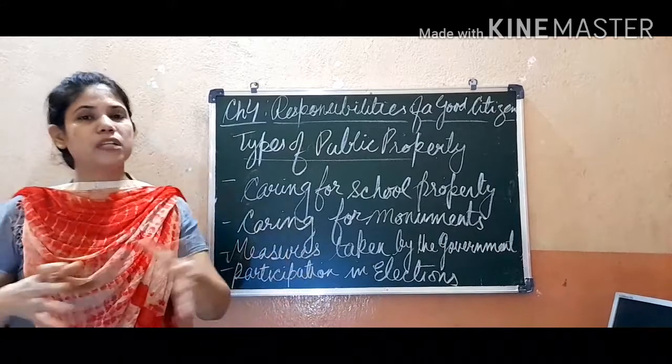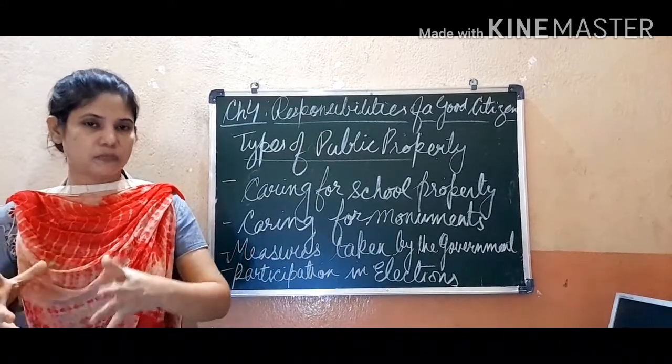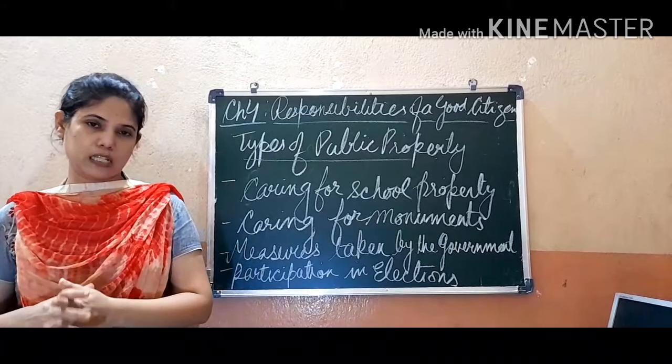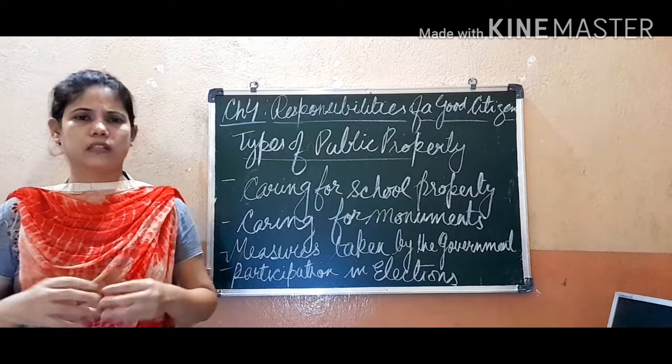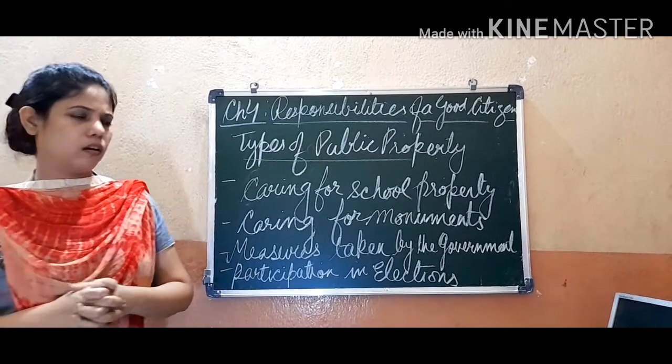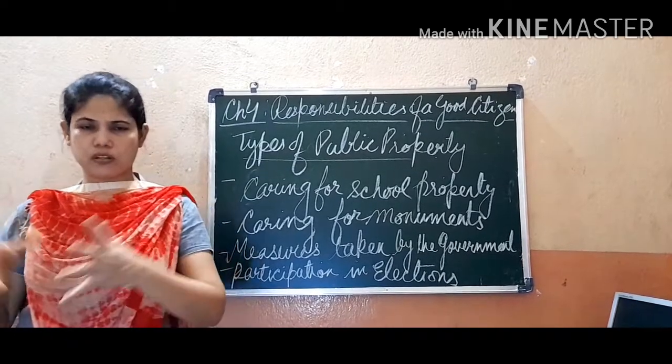For example, the PWD department. One department is PWD, that is the Public Works Department, which looks after roads, government buildings, and bridges. Any damage done to these, they look after the maintenance. Then there are other workshops for roads, buses, and trains.